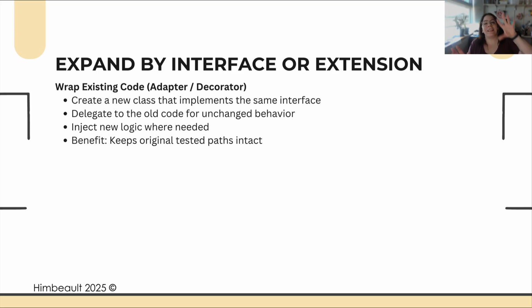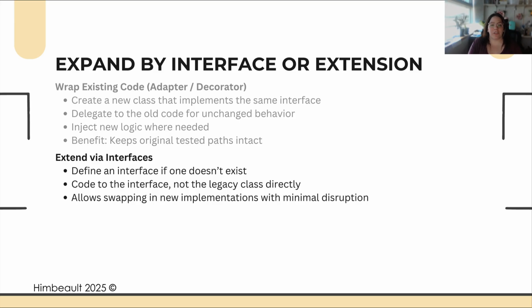And then just where we need new logic, we can have those funnel through this adapter into the new logic, right? This keeps our original tested paths completely intact. It might mean that there's still code debt. It might mean that there's still refactoring we could have done, but we know we're not breaking anything.